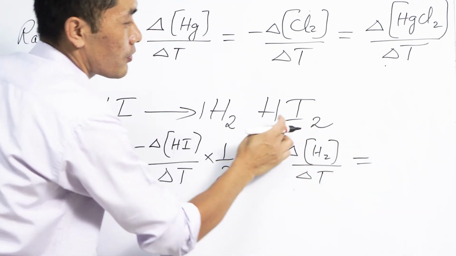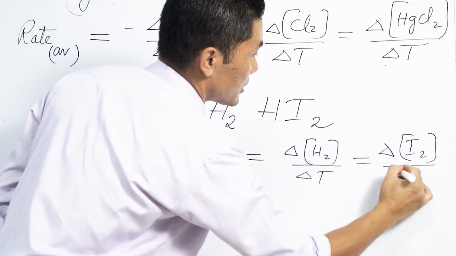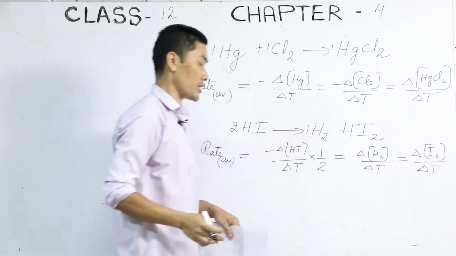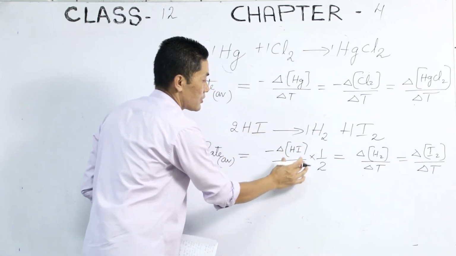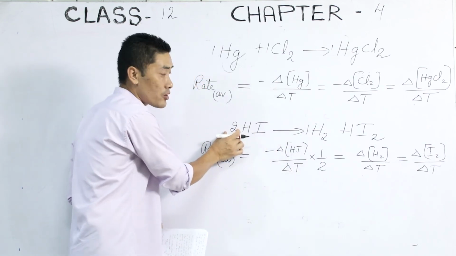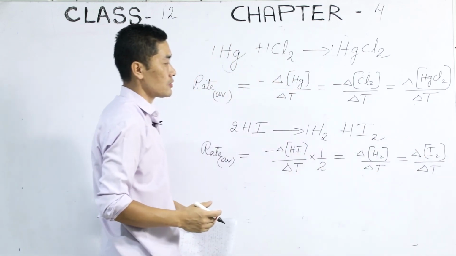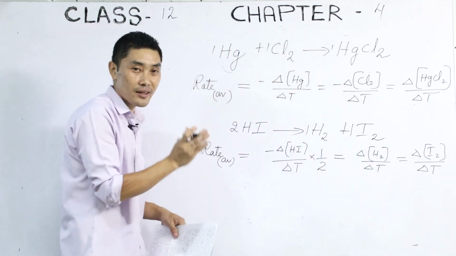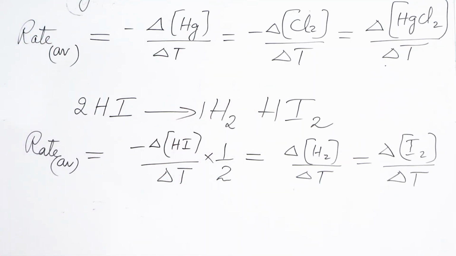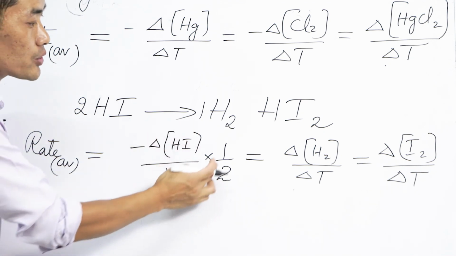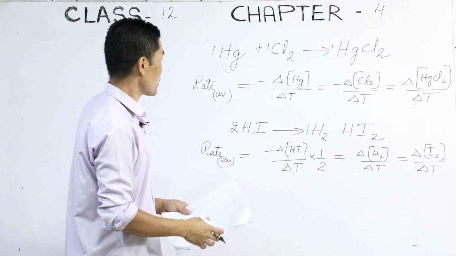Here also, the change in concentration of iodine by change in time will be divided by 1 only. By dividing the change in concentration by the stoichiometric coefficient, we make these equal. So whenever we have reactions where the stoichiometric coefficients are not the same, we have to divide the equations that we wrote before by the stoichiometric coefficients used in the balanced chemical equation.